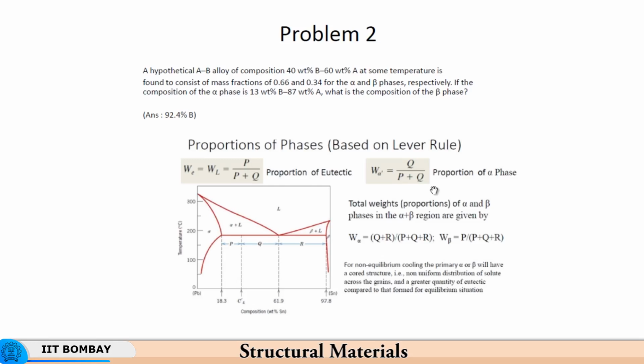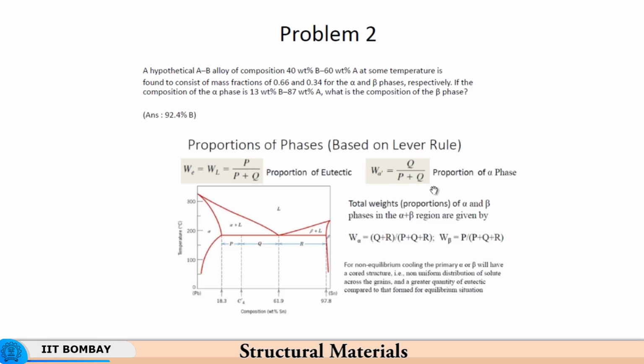If the composition of the alpha phase is 13% B and 87% A, then what is the composition of the beta phase? So now you have been asked to find the chemical composition of the beta phase. You have been given the quantities of the phases, mass fractions of 66% and 34%.